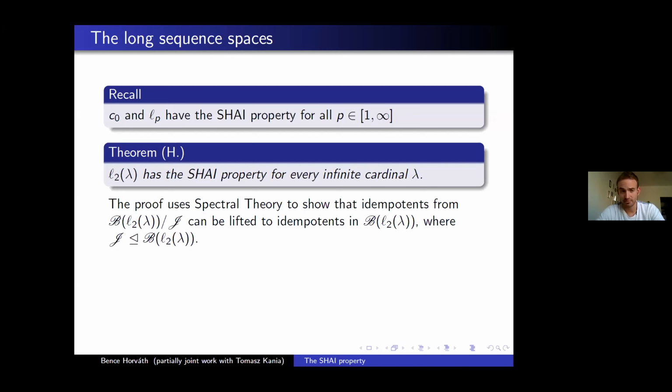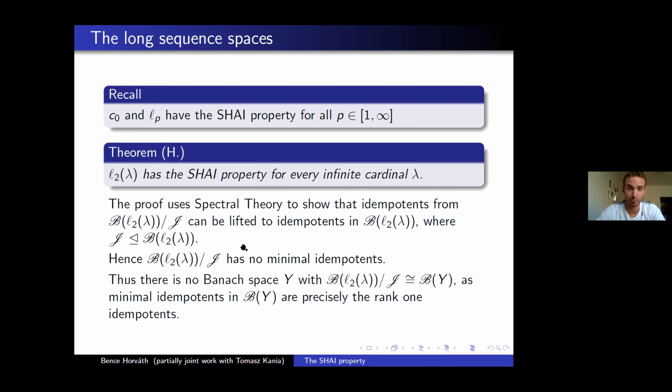I used spectral theory to show that when you take any closed two-sided ideal in the bounded linear operators on a non-separable Hilbert space, then the idempotents from the quotient can be lifted to idempotents here, and then with some other machinery, one can easily see that this implies that this quotient cannot have minimal idempotents.